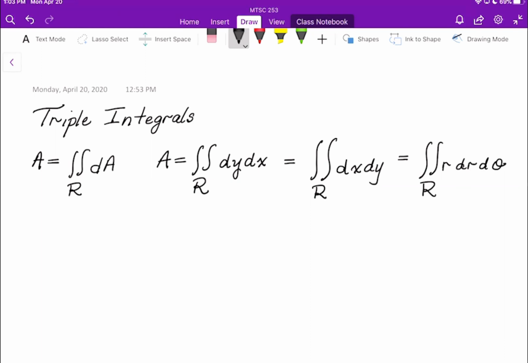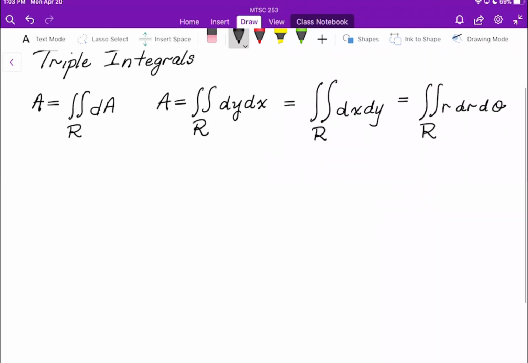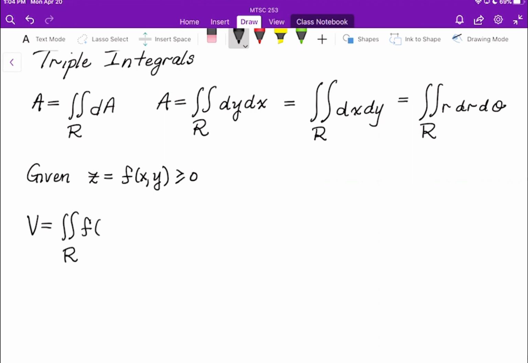So then we went on to say, well, if we have a function floating over top, then we can do the volume. And the volume is the double integral, again, over the region of the function f of x y dA.